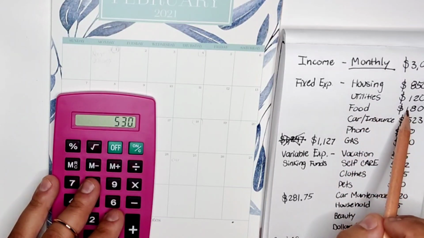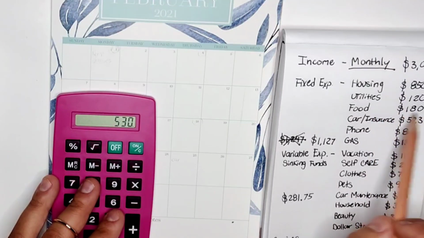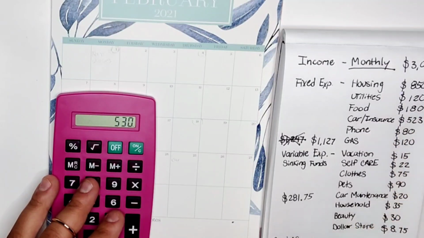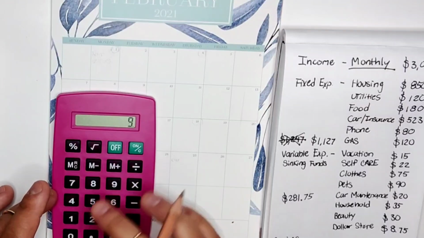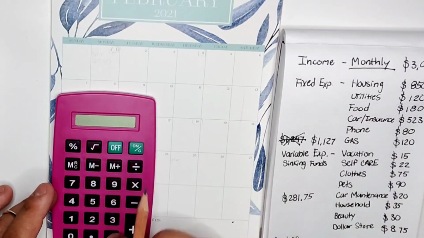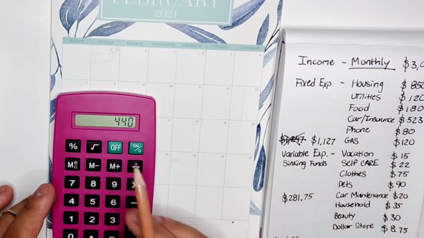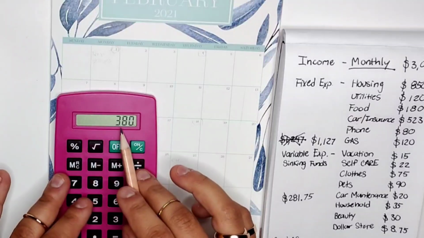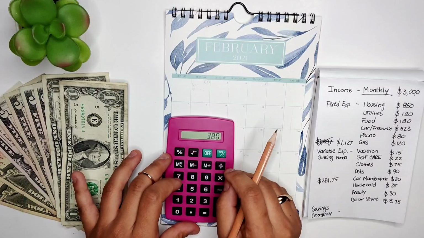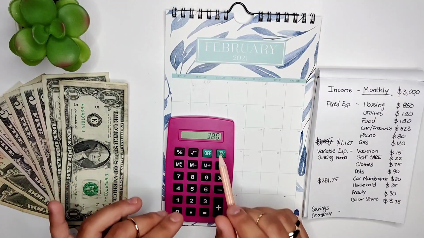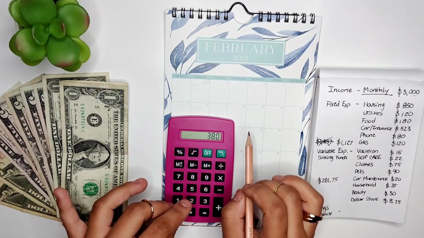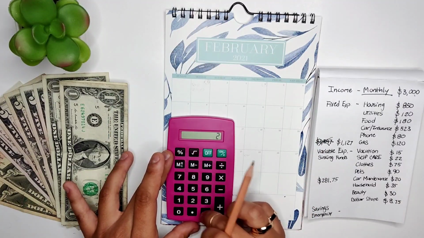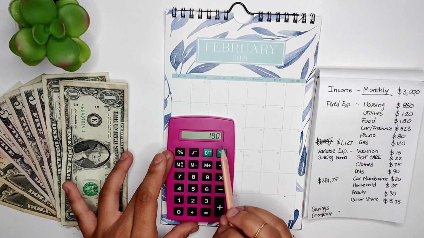But because we put this as our monthly expense, we're going to have to divide it into 2. So also subtracting $90 for our food and $60 for our gas. So now we come out to $380, and this $380 is what we have for our bi-weekly, okay? So now we are going to take the $380 and divide it by 2, and that comes out to $190.